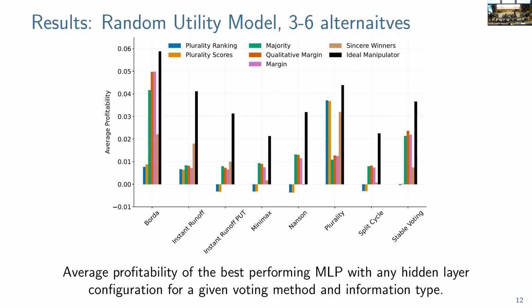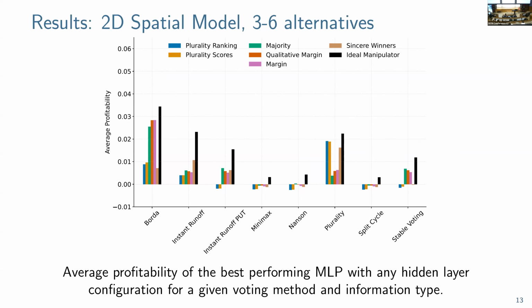Okay, and you can see minimax, split cycle and stable voting. Those are all Condorcet systems. You may not know what they actually are, but it's interesting that those are generally less manipulable under this way of measuring manipulability than, say, Borda and even instant runoff. I guess that's a little debatable. Again, the qualitative results don't change very much when you change the underlying probability model.